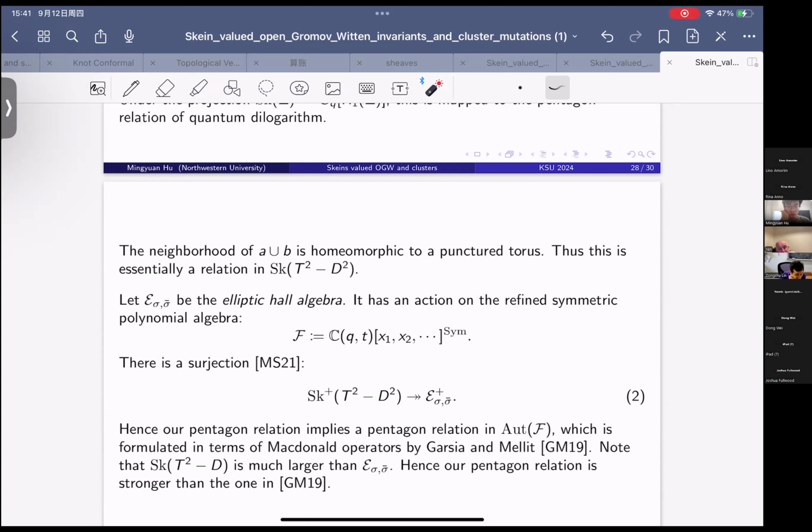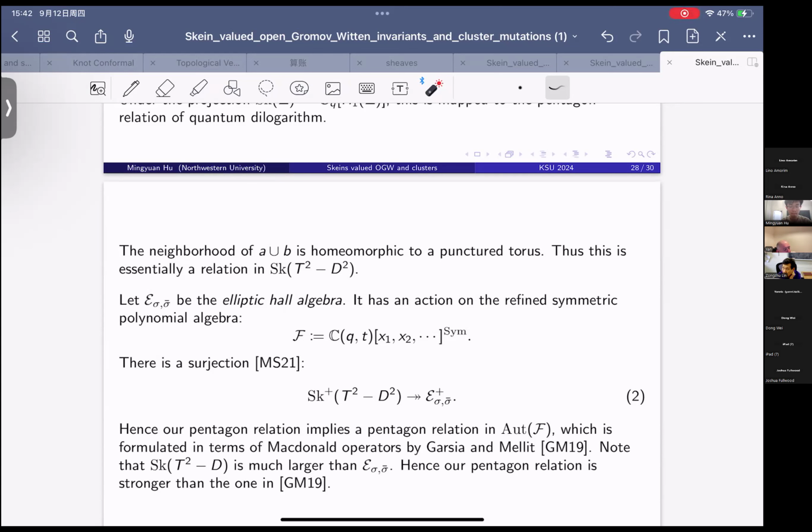But there is another possibility, when you embed this Hall algebra of the Jordan quiver into the affine Hecke algebra of the positive affine Grassmannian.